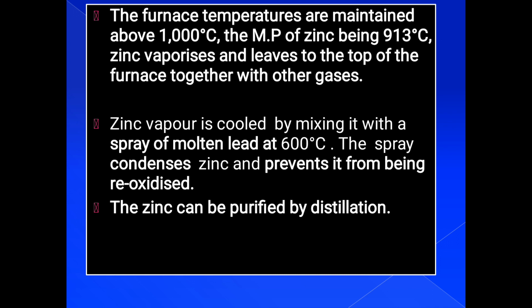That means that zinc vaporizes and leaves to the top of the furnace together with the other gases. Which other gases? Carbon IV oxide and carbon II oxide. So this zinc vapor is then cooled by mixing it with a spray of molten lead at 600 degrees Celsius.